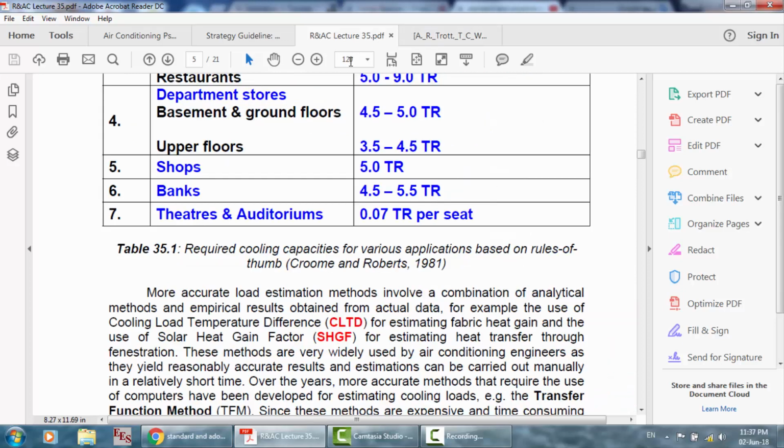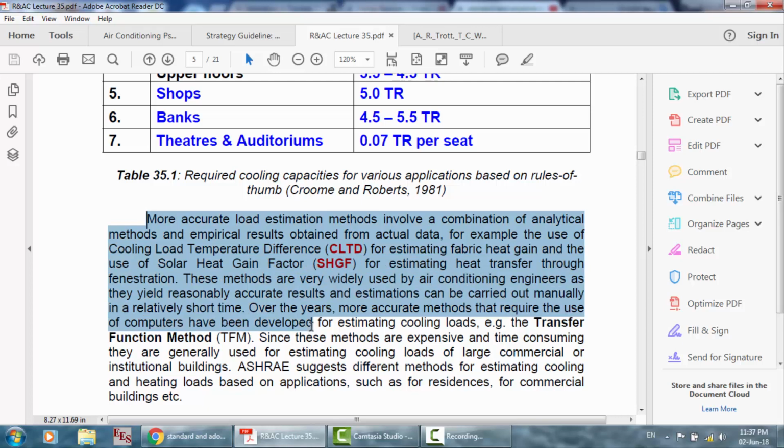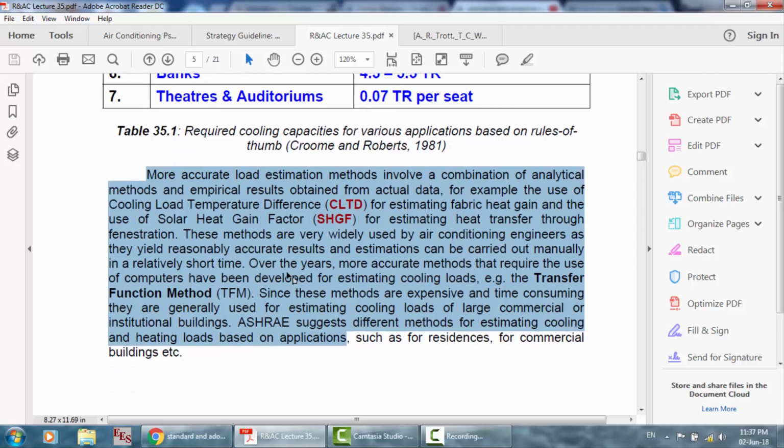More accurate load methods involve a combination of analytical methods and empirical results obtained from actual data. For example, the use of cooling load temperature difference (CLTD) for estimating the fabric heat gain and the use of the solar heat gain factor for estimating heat transfer through the fenestration. These methods are very widely used by air conditioning engineers as they yield reasonably accurate results, and estimations can be carried out manually in a relatively short time.